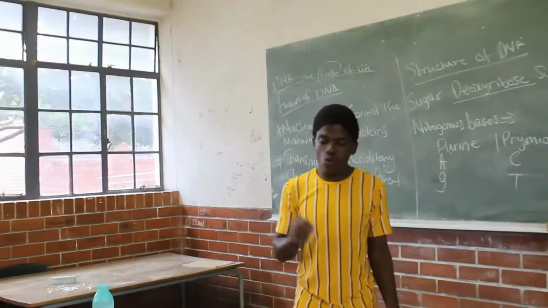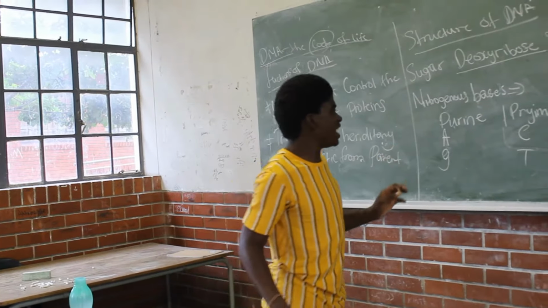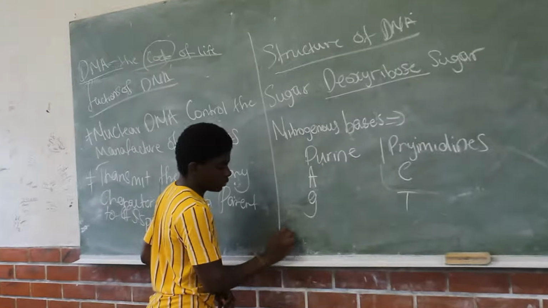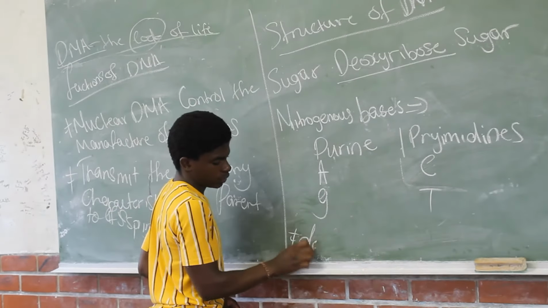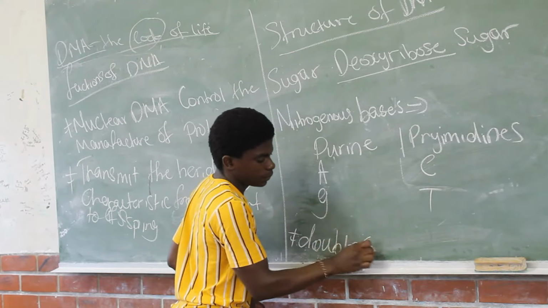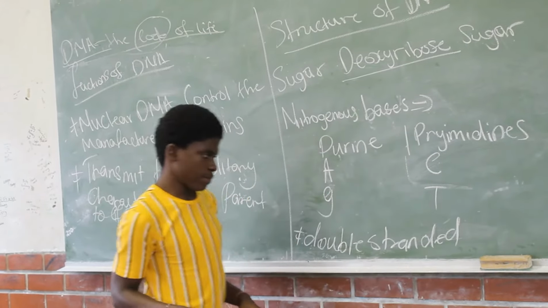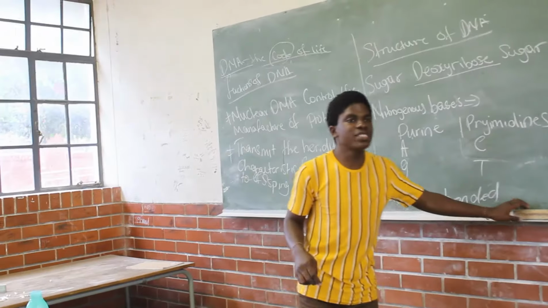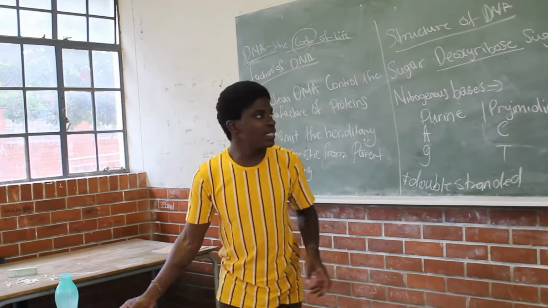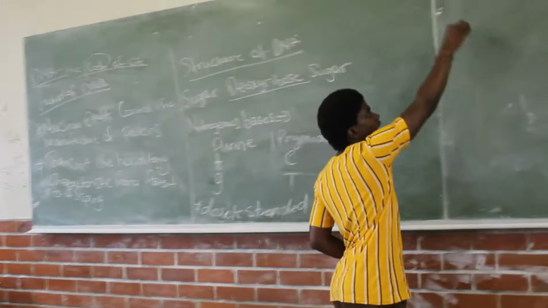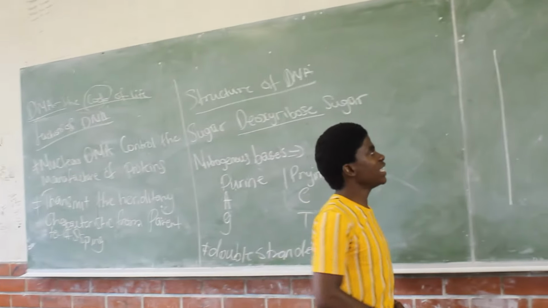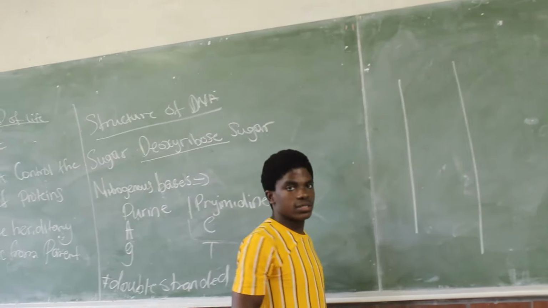So what you should know again, DNA is a double-stranded molecule. When I'm saying it's double-stranded, that means it's not made of one single strand like this, but it is made of 2 strands.